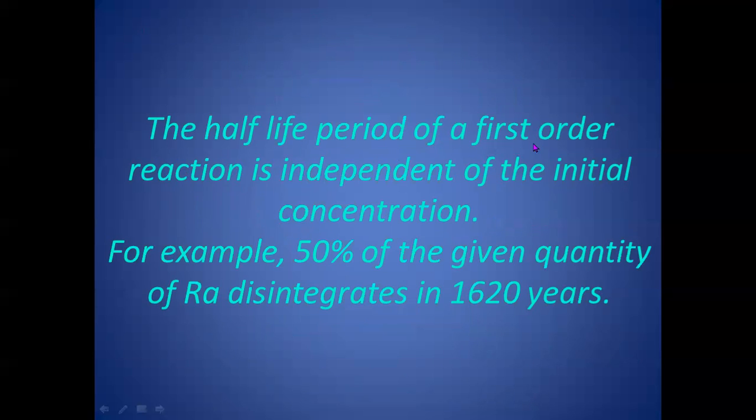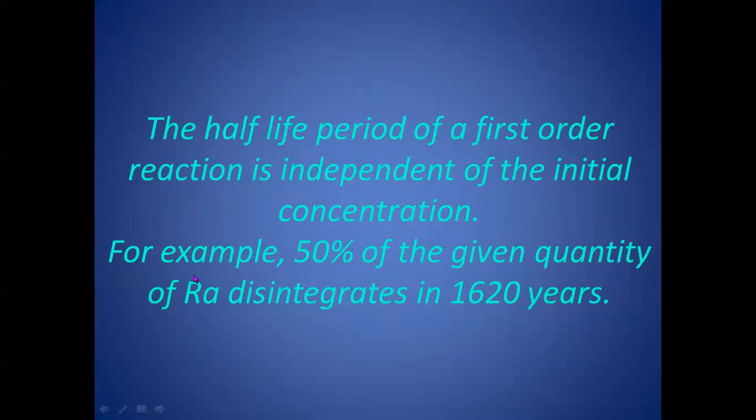Now, the half-life period of a first order reaction is independent of initial concentration. Half-life period is independent of the initial concentration taken. For example, 50% of the given quantity of radium disintegrates in 1620 years, whatever be the initial amount of radium taken.